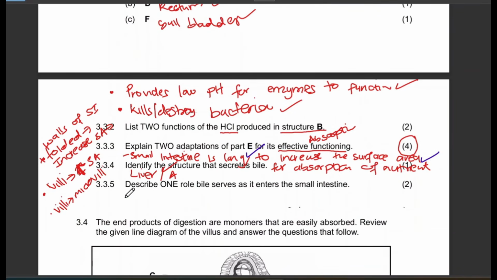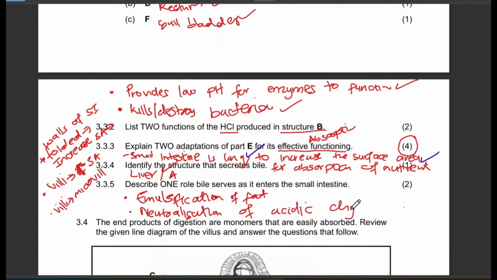So the first option here will be emulsification of fat, or you could have spoken about neutralizing the acidic chyme. Neutralization of acidic chyme.